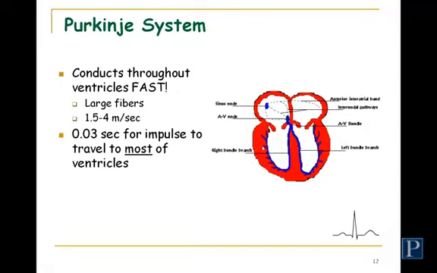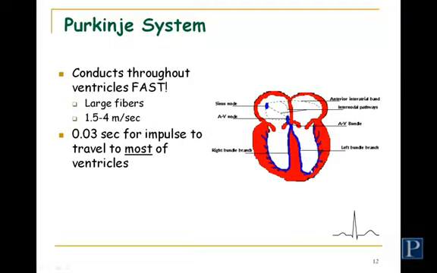So the impulse gets carried down through the ventricle fairly quickly, but also then transmitted to the actual muscle itself. The left bundle branch, which is again a big bundle of Purkinje fibers, runs down the left part of the ventricular septum towards the apex, then comes up this way towards the base, again terminates in these terminal Purkinje fibers.